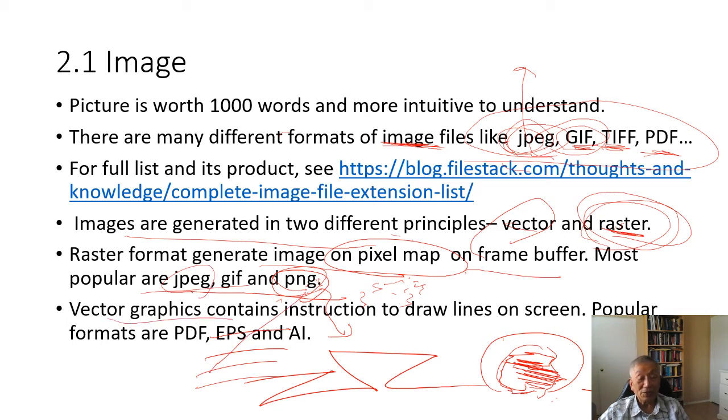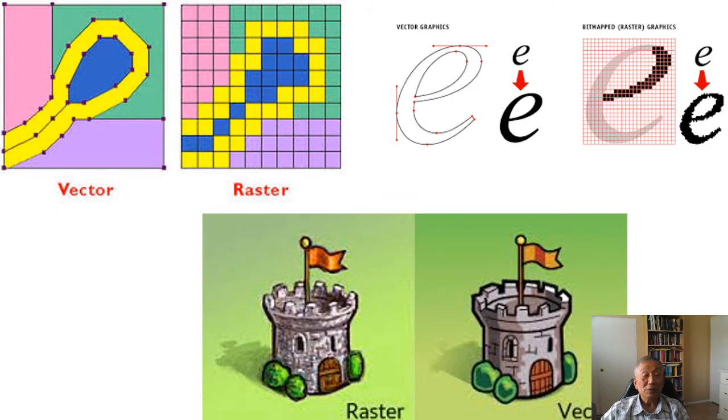And vector contains instructions to draw lines on the screen. So it's more accurate, clearer, and accurate looking. PDF, EPS, and AI are added in the Illustrator format. Vector graphics is just drawing very short lines.